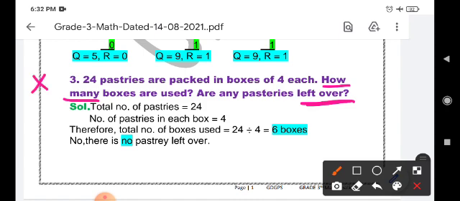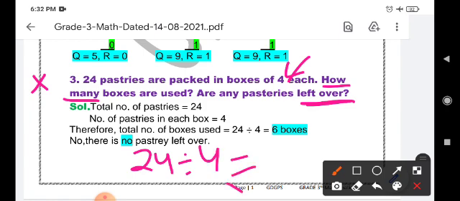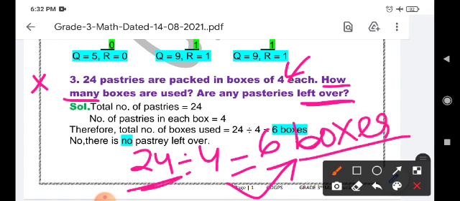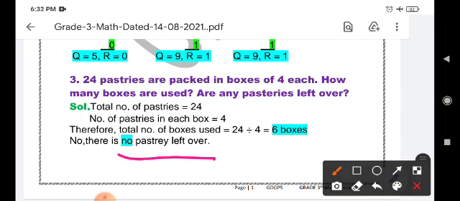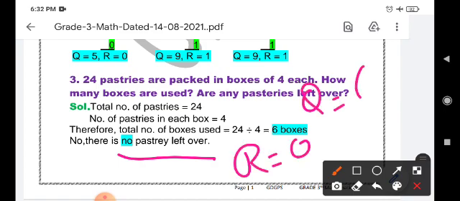We do that step in division also, and leftover we subtract the numbers in division, right? Division is repeated subtraction. So you will divide 24 by this number 4. In the table of 4 where comes 24? 4 6s are 24. That means 6 boxes will be needed for 24 pastries if we are packing in each box 4 pastries. That means there is no remainder, no pastries left over. Remainder is 0. Quotient is 6.